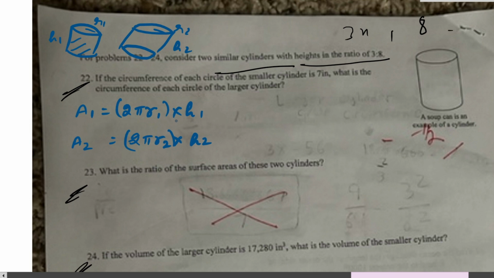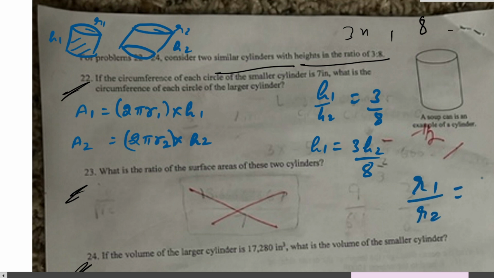Now, the radius will also have the same ratio 3 by 8, and then you can say that 2 pi and 2 pi here, this does not make any difference.